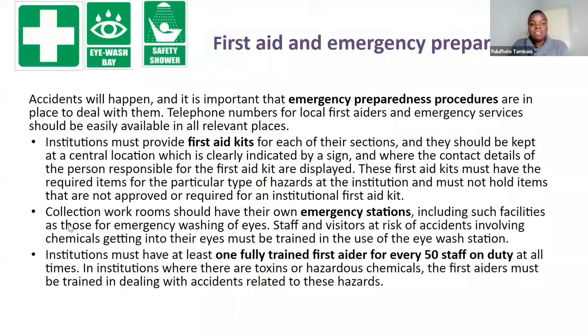So in terms of first aid and emergency preparedness, accidents will happen. We can't avoid that. But it's important to have emergency preparedness procedures. So you need to know when the accident happens, what are you going to do? And always be prepared with this. You need to have telephone numbers for local first aiders and emergency services.